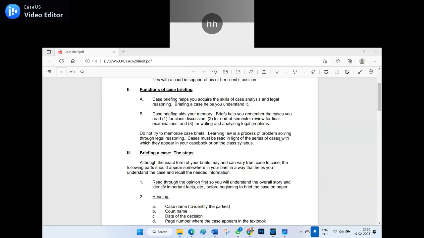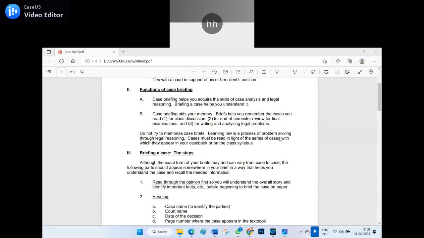So you have to read the whole case and summarize it in the P-FIRAC formula. If it is a problem, it is in the IRAC formula, but case briefing includes P-FIRAC, which includes the IRAC model also.